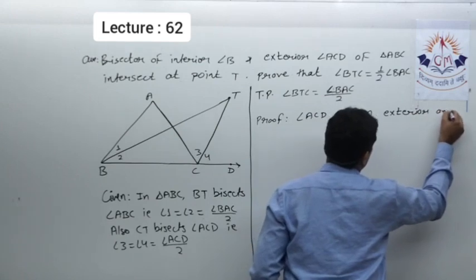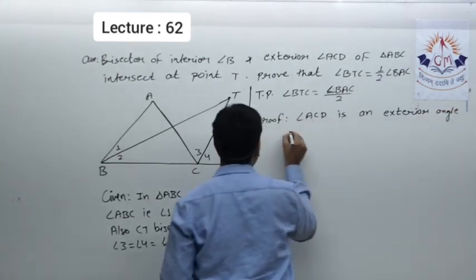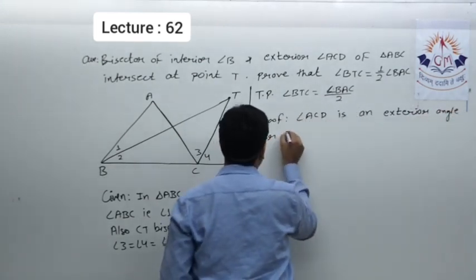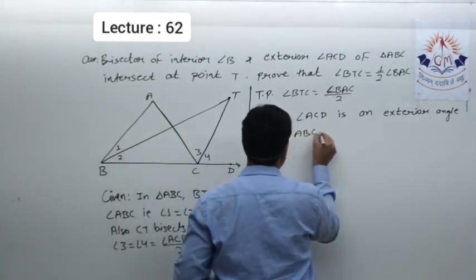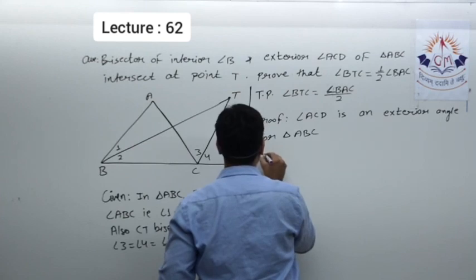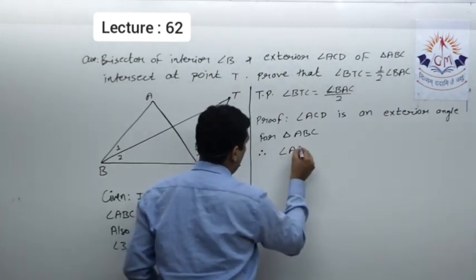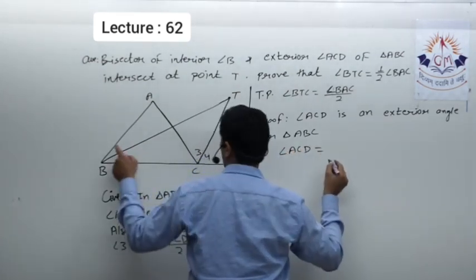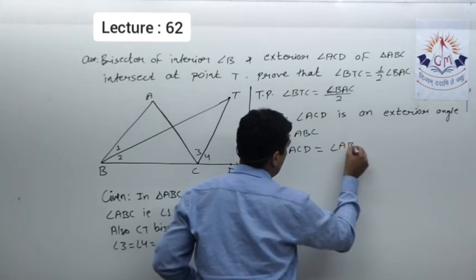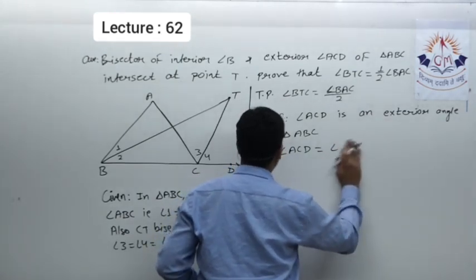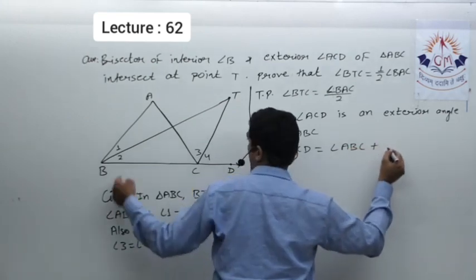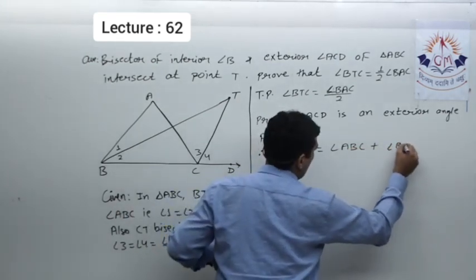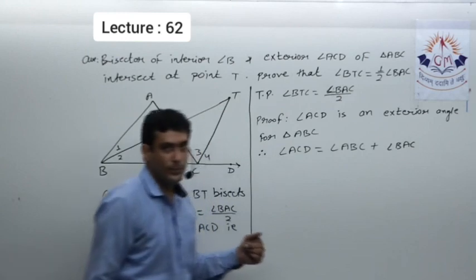Therefore I can write angle ACD is equal to angle ABC plus angle BAC, by the exterior angle property, isn't it?